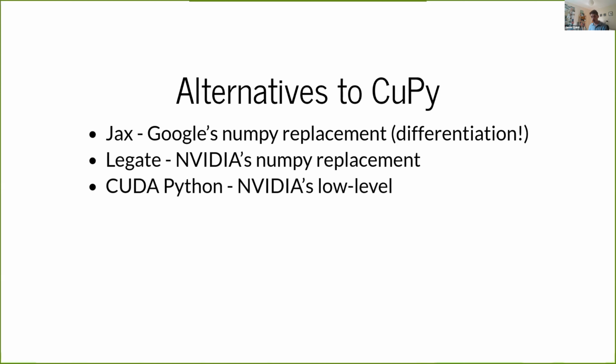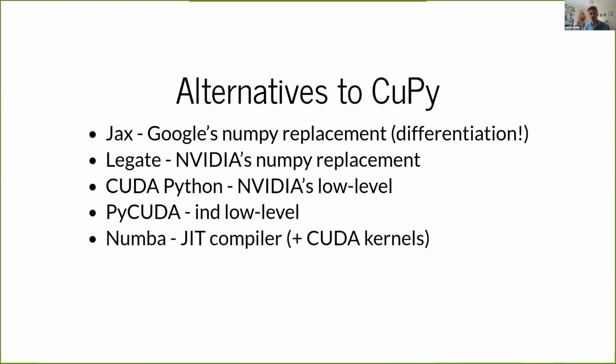There's a lower level, you've got CUDA-Python, which is NVIDIA's own low-level CUDA library for Python. You've also got PyCUDA, which is an independent low-level library. And you've got Numba, which is a kind of funny beast. I'm sure many folk have played about with it. I actually haven't yet.